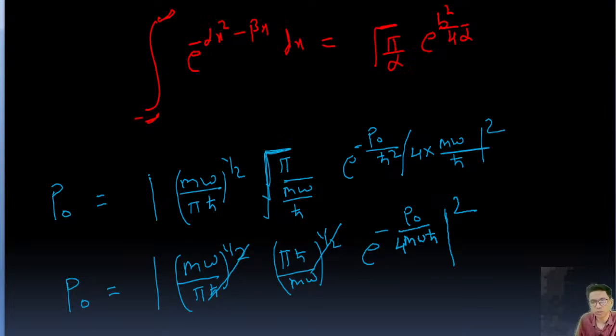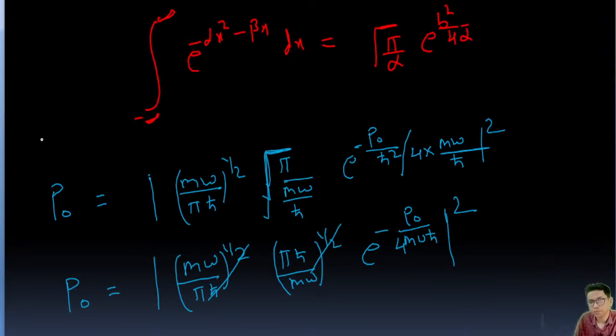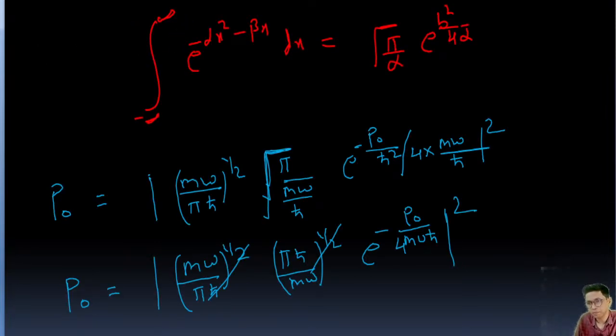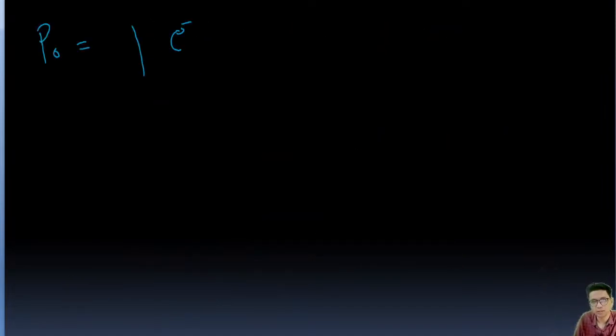So p naught value is going to be mod square of e to the power minus. P naught value is given, guys, so we'll write it later.